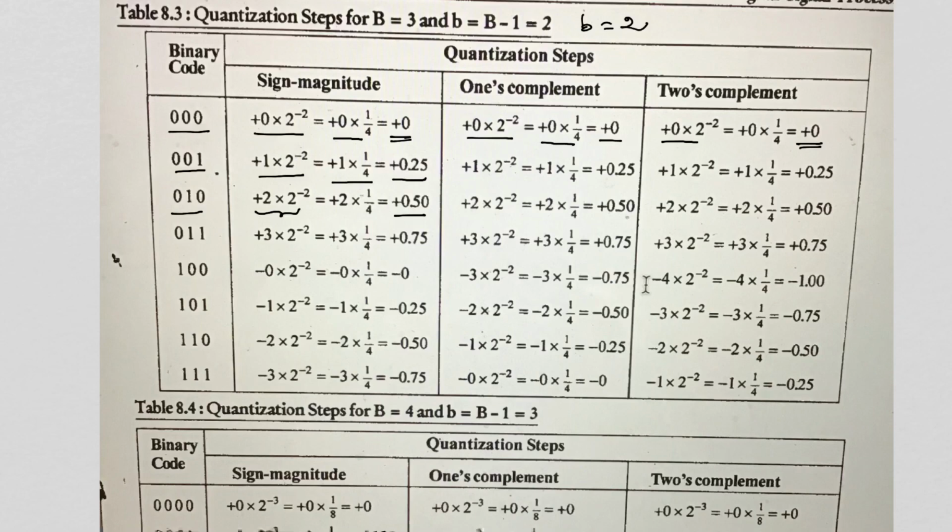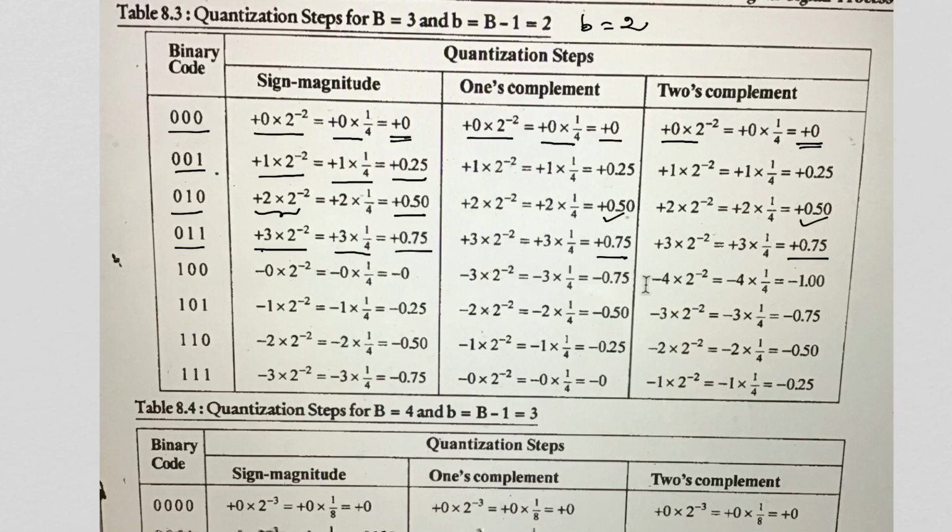The same code word represents the same value in sign magnitude, 1's complement and 2's complement. Similarly, 011 represents +3 multiplied by 2 power minus 2, which is +3 multiplied by 1 by 4, which is 0.75. It is the same number in all three formats of number representation.